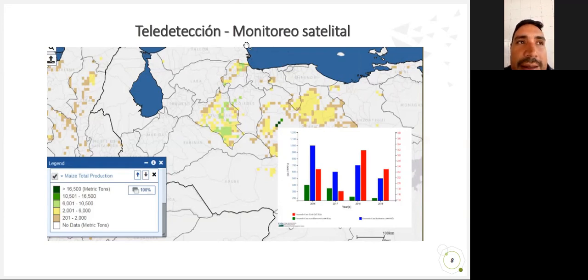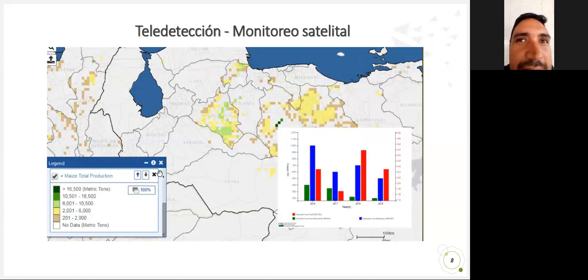We don't have data. We don't have agricultural statistics from the government since 2007, and this is a big problem for planning, for everything.